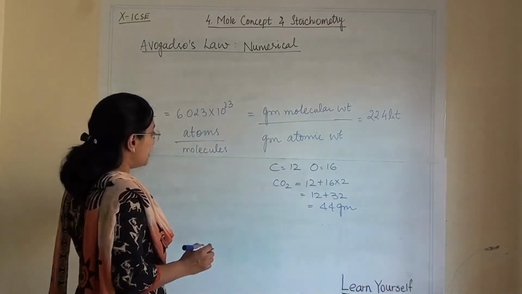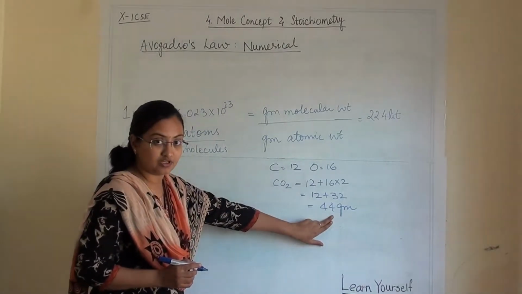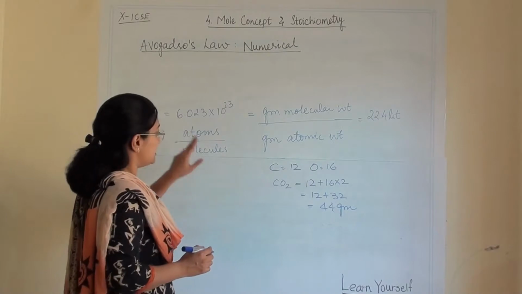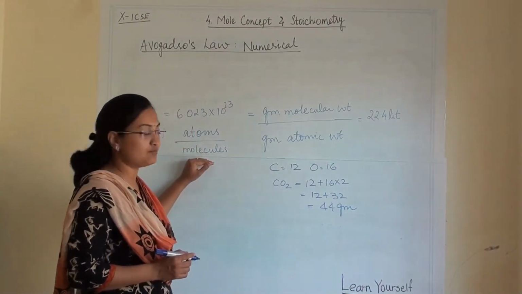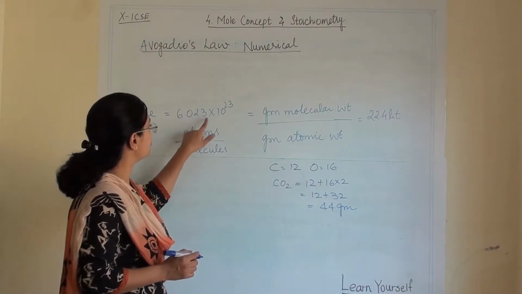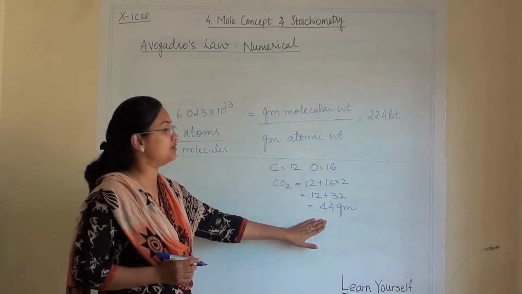So 1 mole of carbon dioxide weighs 44 gram, or in 44 gram, 6.023 10 raised to 23 molecules of carbon dioxide will be there.